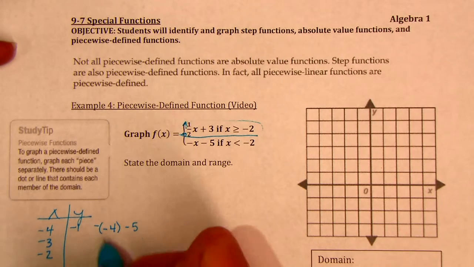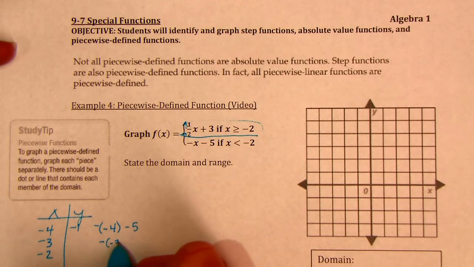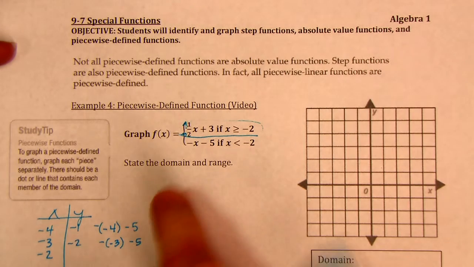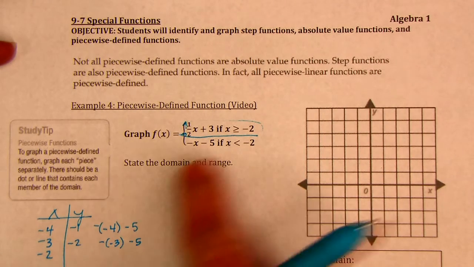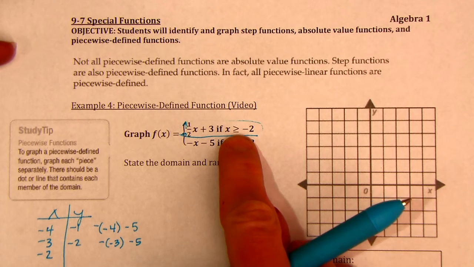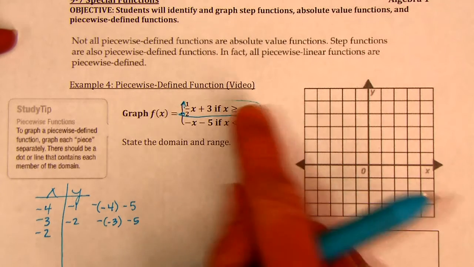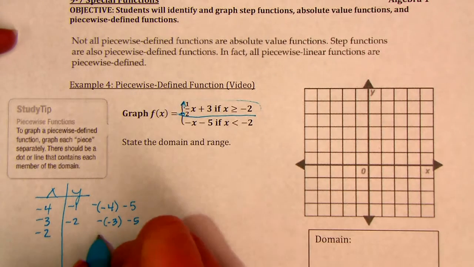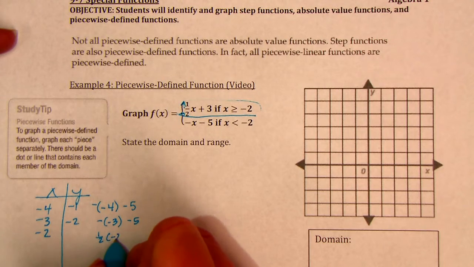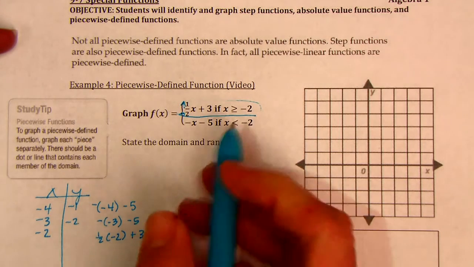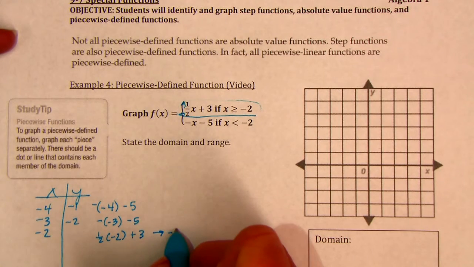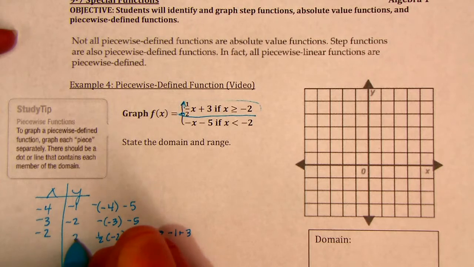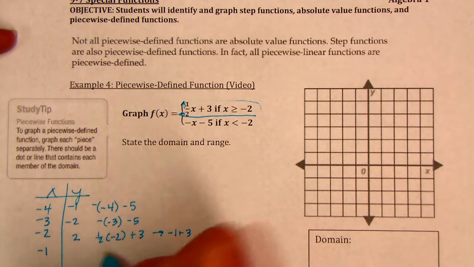If I put in negative 2, I change my equation. It's going to be 1/2 times negative 2 plus 3, which would be negative 1 plus 3. That's going to be 2. If I put in negative 1, well, that's going to be negative 1/2 plus 3. That's going to be 2 1/2.